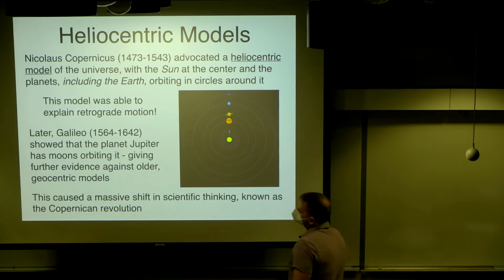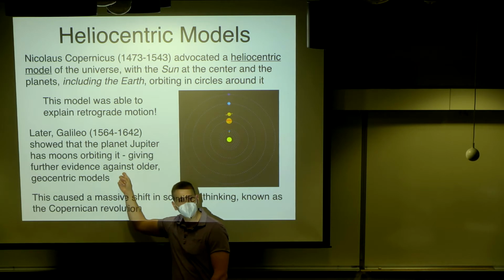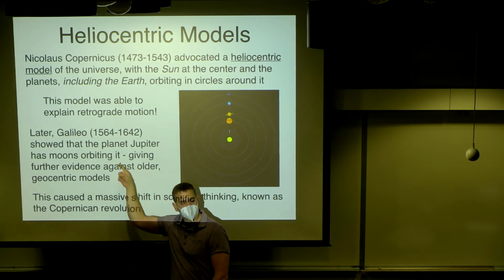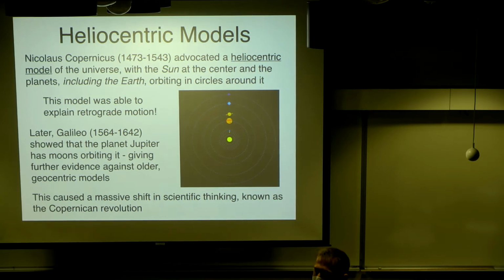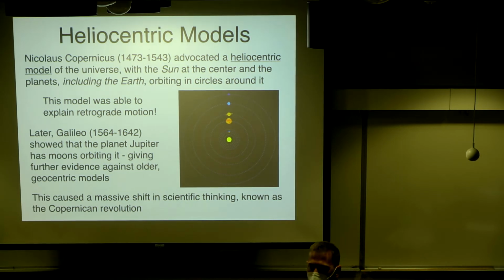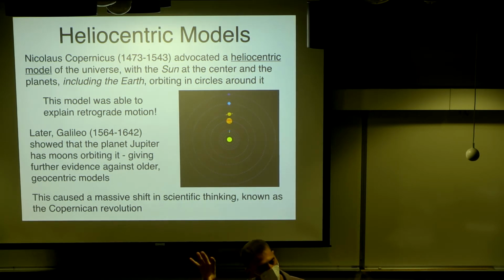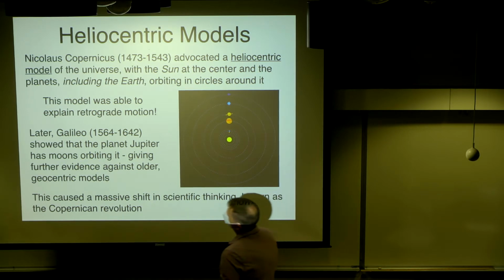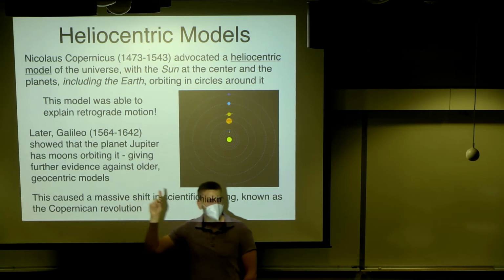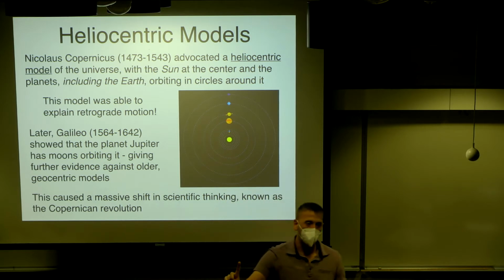There's another piece of evidence that came to light around this time period by this guy, Galileo. Galileo was one of the first astronomers to observe the night sky with a telescope. Okay, so not just using the naked eye, but using a telescope. And one thing that Galileo saw was that Jupiter has moons that are going around it.